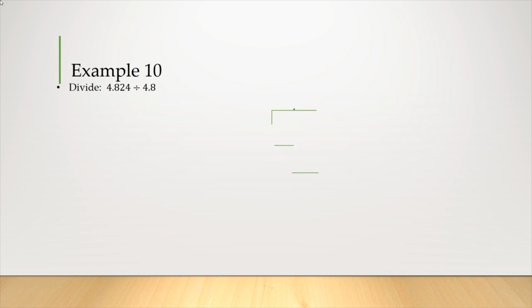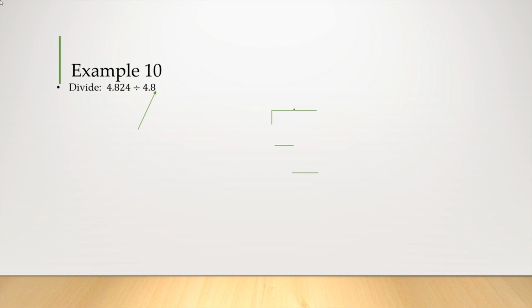All right, so let's look at another example. So we have 4 and 824 thousandths divided by 4 and 8/10. Well, you can't just divide. What you have to do first is shift the decimal. Whatever you're dividing by, you want to make it into a whole number.